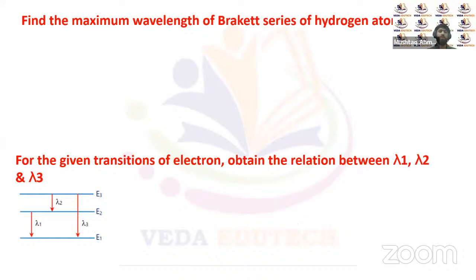Now the question is that we have to find the maximum wavelength of the Brackett series of the hydrogen atom. We have the Lyman series, Balmer series, Paschen, and Brackett. For the Brackett series, we have n1 value equal to 4.